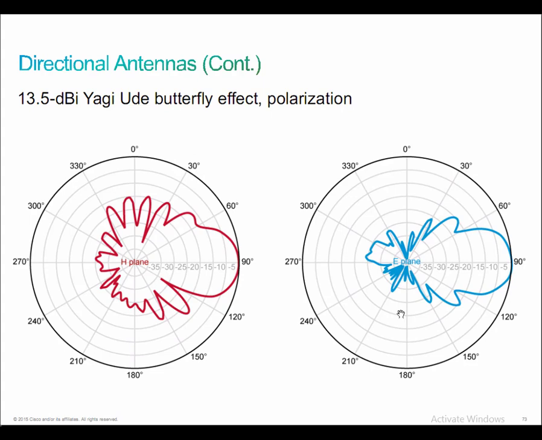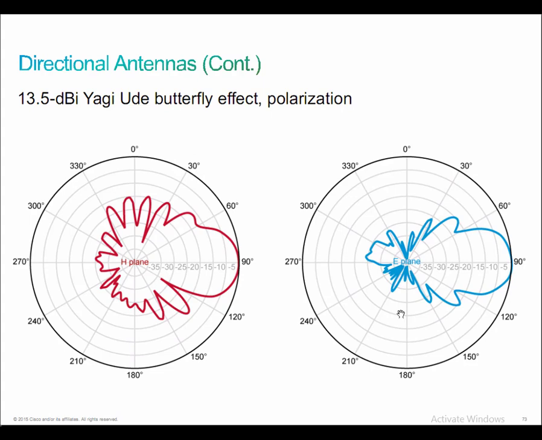But the pattern of this antenna is specific. Rather than omnidirectional on the horizontal plane and kind of tubular on the vertical plane, it's very thin on the horizontal and vertical plane, so it gives us a very narrow beam that allows us to radiate in large distances.